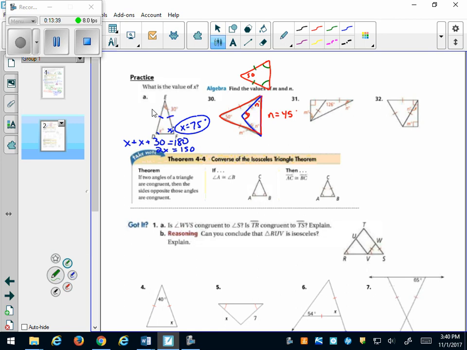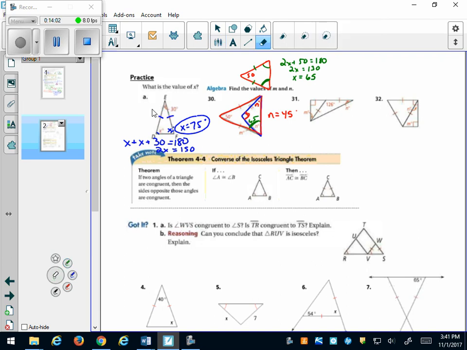So if that's 50, that leaves me 130 for these two, right? So 2x plus 50 equals 180, and 2x equals 130. That means x equals 65. So that means this whole angle is 65.